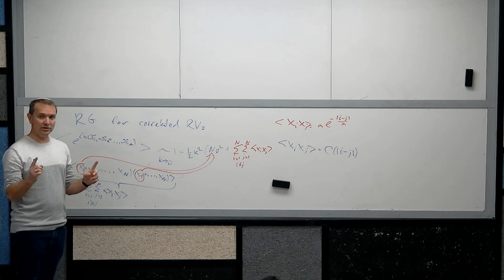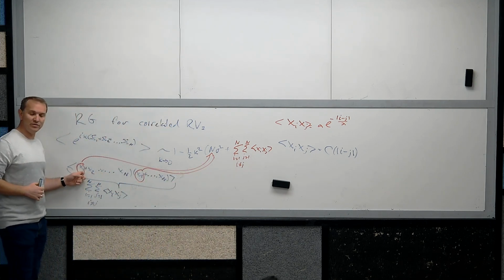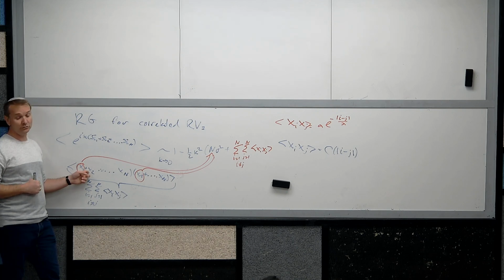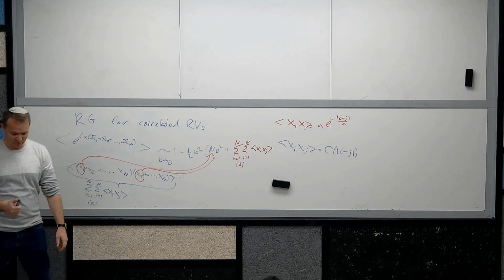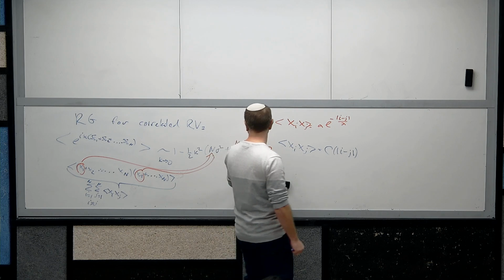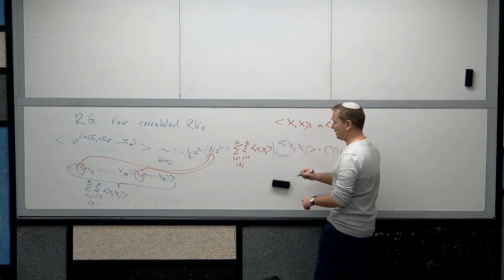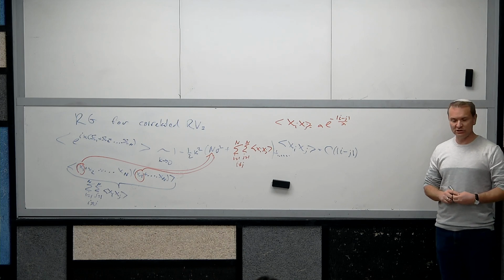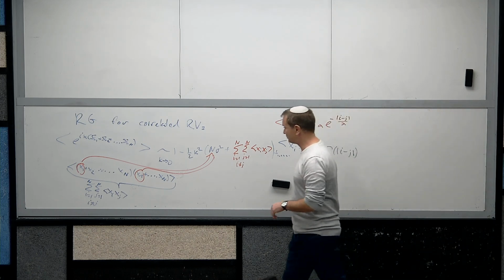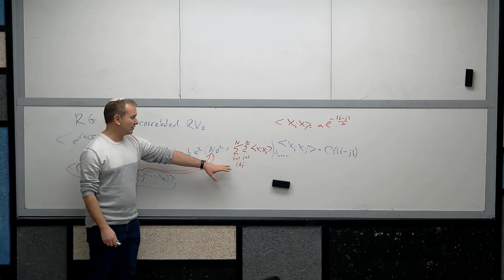So the only thing that we care about in the correlation function is the distance between the paired random variable number i and number j. We don't care about what happens over here, the additional terms of the expansion. Maybe we'll explain a little bit later why. And we concentrate only on this thing.